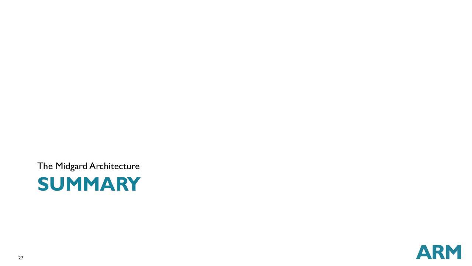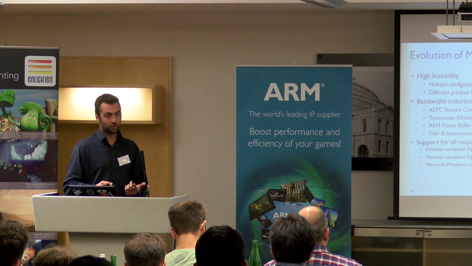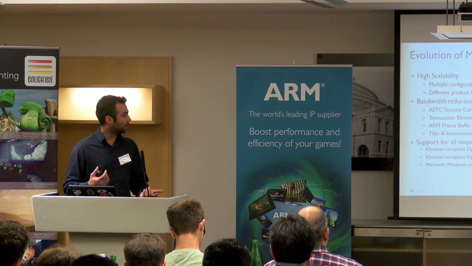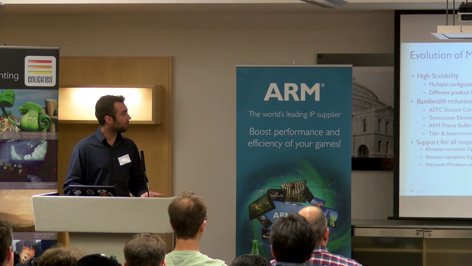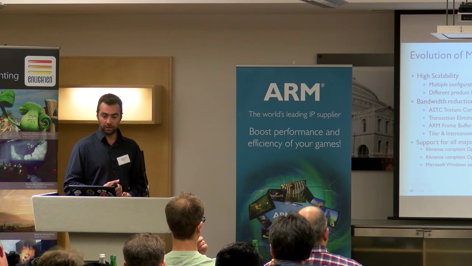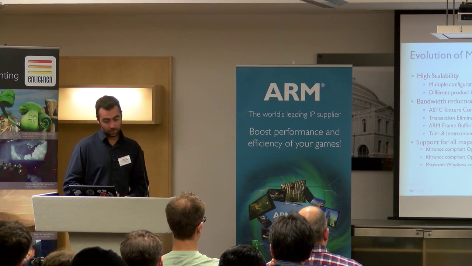So as a summary, Midgard architecture is a highly scalable architecture, both in terms of shader cores, as well as in terms of computation processing, and the ratio of compute to texturing can be variable, providing the best solution according to the target applications for that particular GPU.